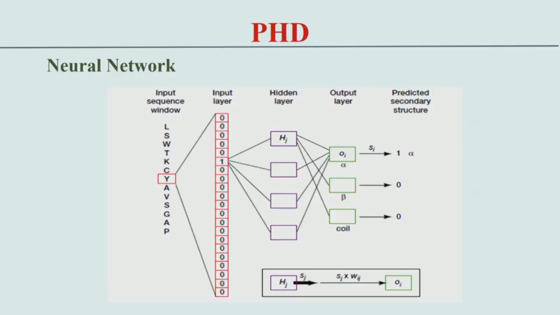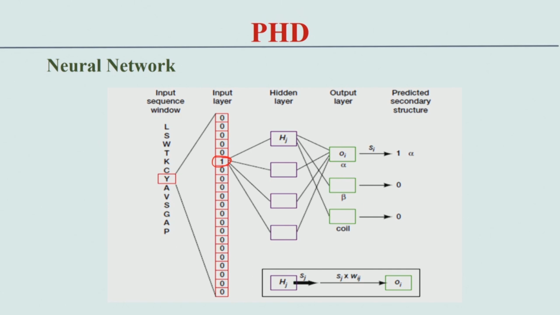Here you have the input sequence. This is the central residue, Y. In the input layer they have 21 values: 20 values for the 20 different amino acids, and one for the padding sequence, to let them align the next one, or they can also use it for insertions and deletions. So, Y is here, and they put 1 here and all others are 0. Then they have some hidden layers, which is where they train on your data.